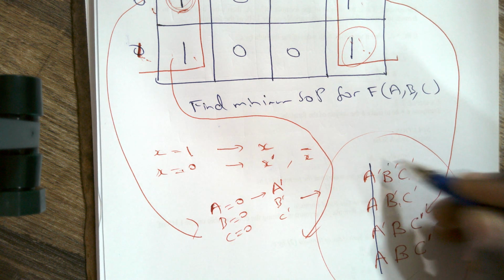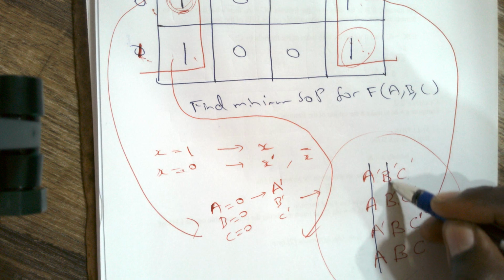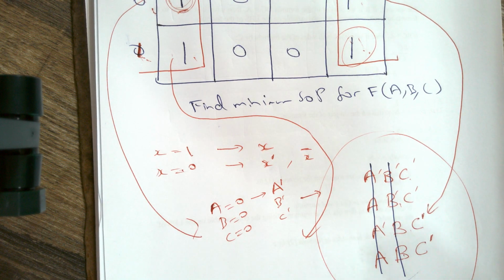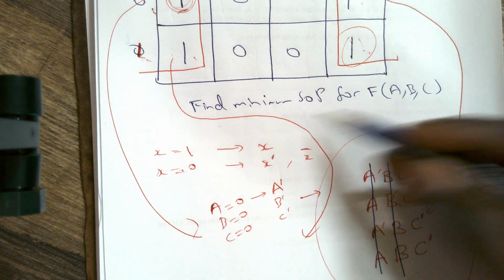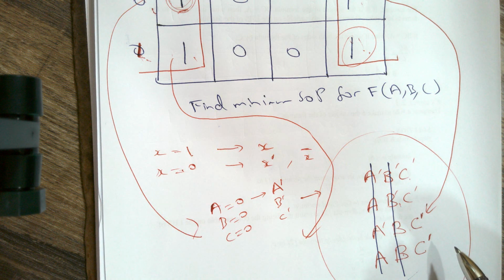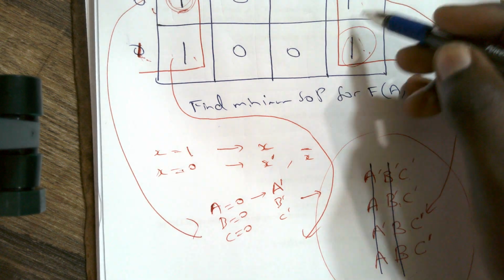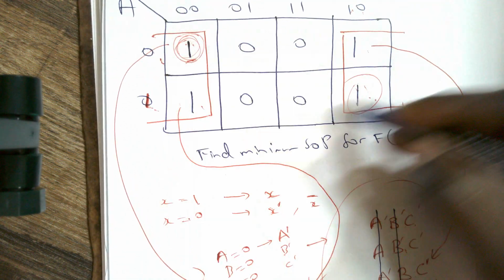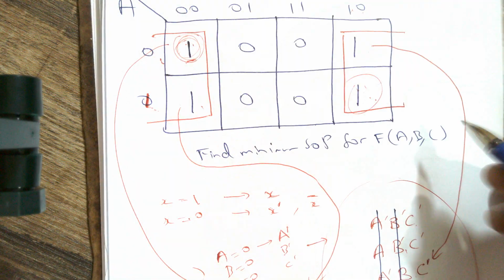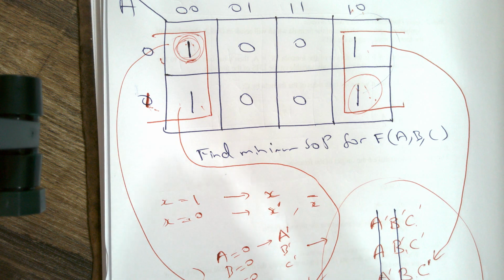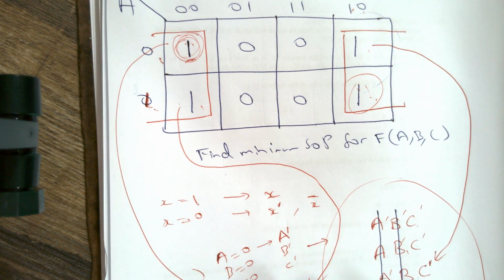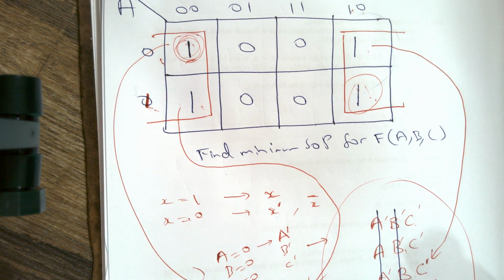Some of them have B prime, some of them have B, so we cross that out. What we realize is common to all of those ones is the expression C prime. So this entire square or circle of ones is represented by the expression that is common to all of them, which is C complement.